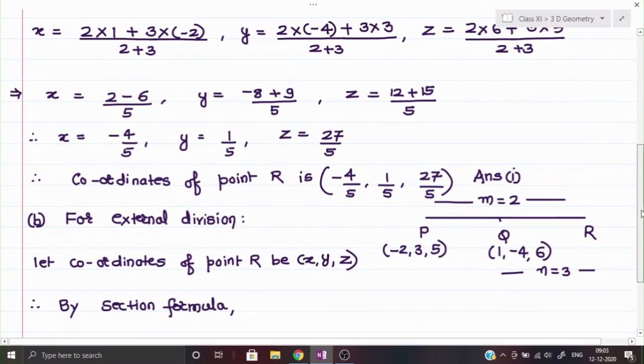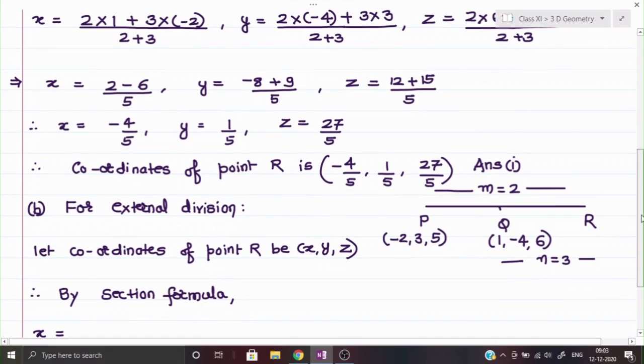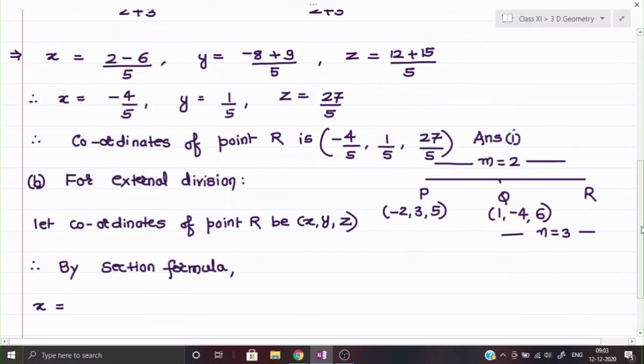2 into 1 minus 3 into -2. So we shall write down here 2 into 1 minus 3 into -2, and in the denominator it will come 2 minus 3.